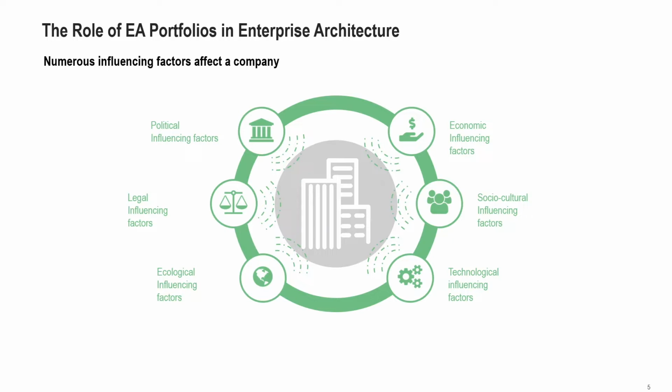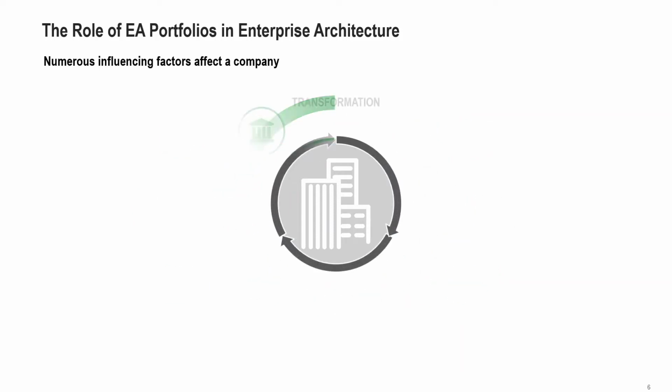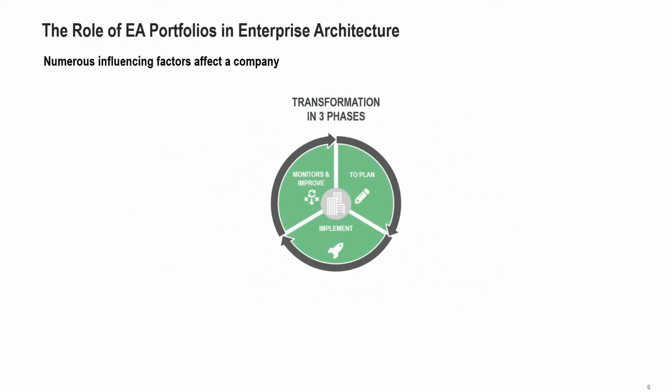So that aspect of transformation is something that is continuously there, and we see the ability of organizations to address those changes and to successfully transform as key to our success as an organization. We also see that this transformation is therefore something that lives as a key part of enterprise architecture.